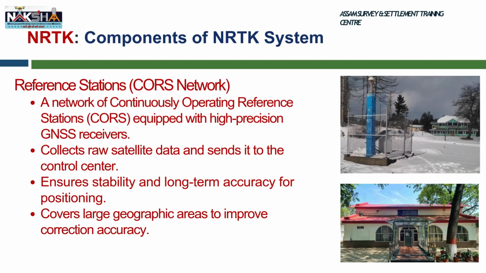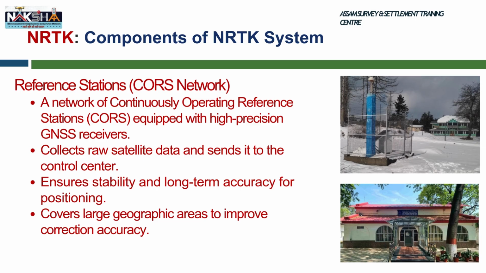To understand how NRTK achieves centimeter-level accuracy, we first need to look at its backbone, the reference stations. The CORS network consists of a series of continuously operating reference stations equipped with high-precision GNSS receivers.